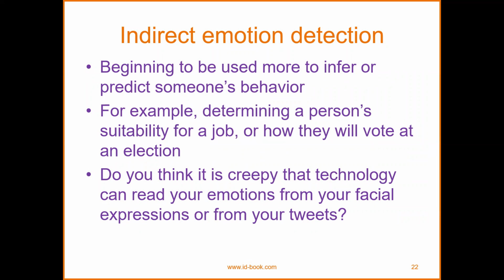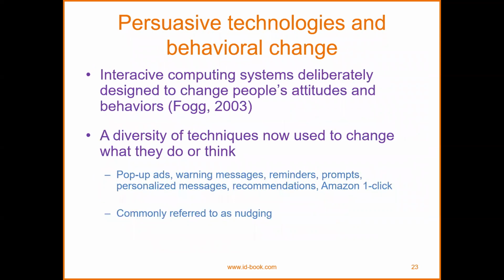So ayan yung mga sample na indirect emotion detection. Minsan, it's very frustrating, hindi malaman kung ano yung emosyon na nararamdaman na itatago. So do you think it's creepy that technology can read your emotions from your facial expression or from your tweets? Yes, sometimes nadedetect nila yun because they are using artificial intelligence.